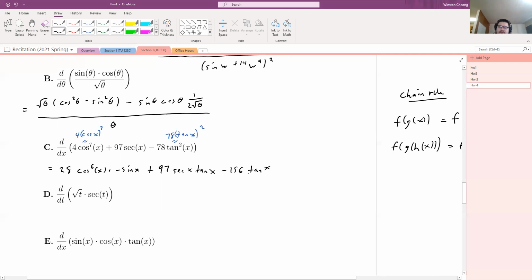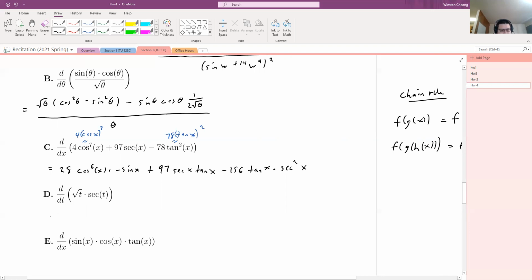That is just from the derivative of the square, the power function. And then I have to tack on the chain rule piece, which says derivative of tangent is secant squared. Okay, so we get all that for this answer.